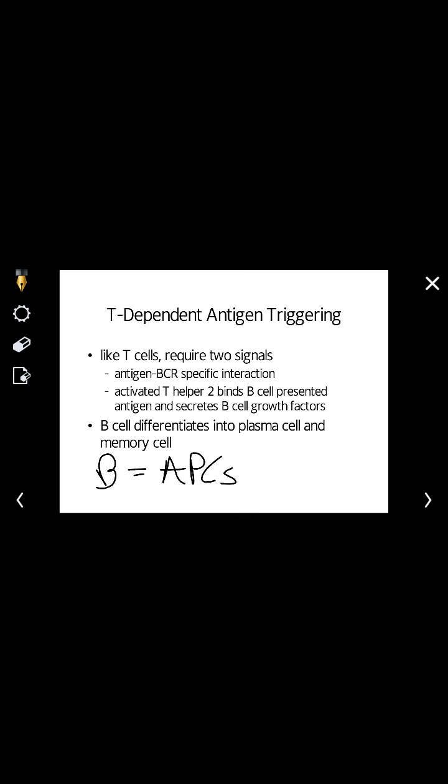They will present their antigen to the T cell. The T cell will bind to that receptor with its own antigen receptor, which should be a T cell receptor. So this BCR binds to the T cell receptor and secretes B cell growth factors.